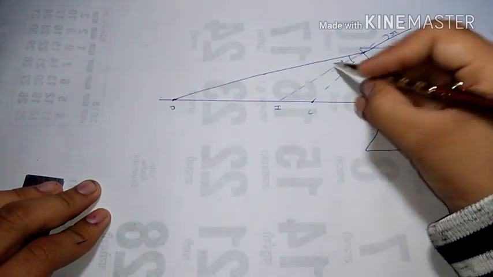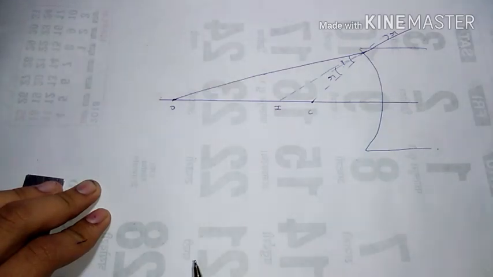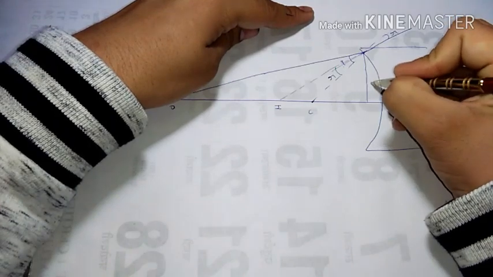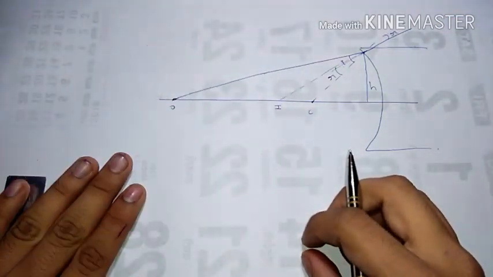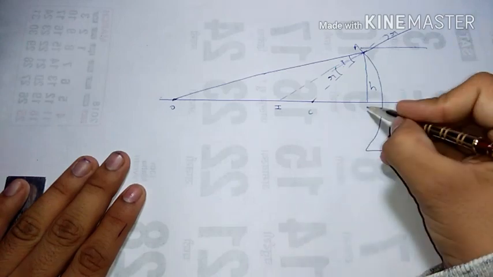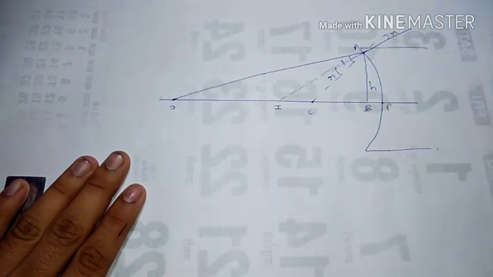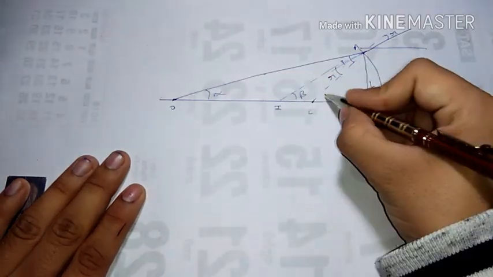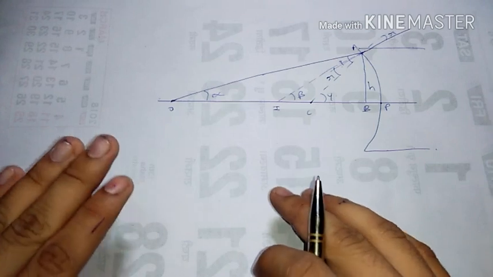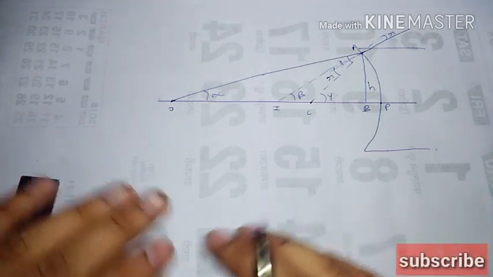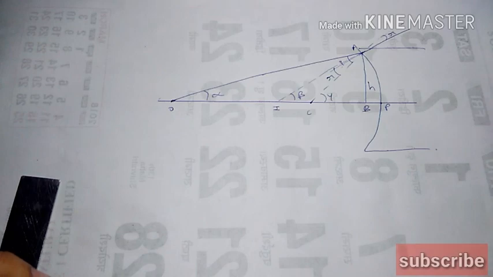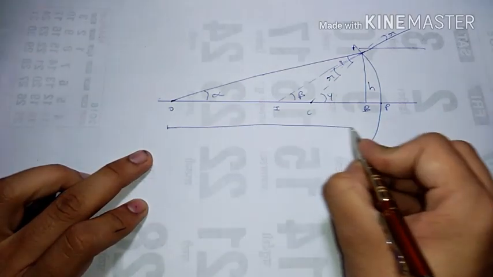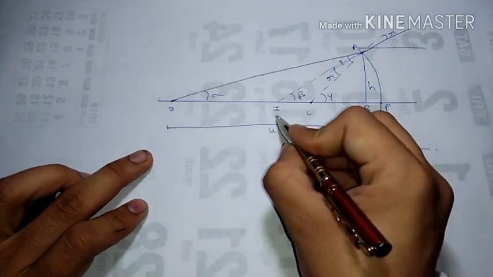This angle is also equal to this angle, being opposite angles, so this angle is also equal to R. Now consider the height of this point from the plane as H. Now let us mark some of the points, like this is A, this is B, this is pole P. Now consider this angle as alpha, this as beta, and this as gamma. So this is basically the diagram of the refraction from a concave mirror or concave surface.